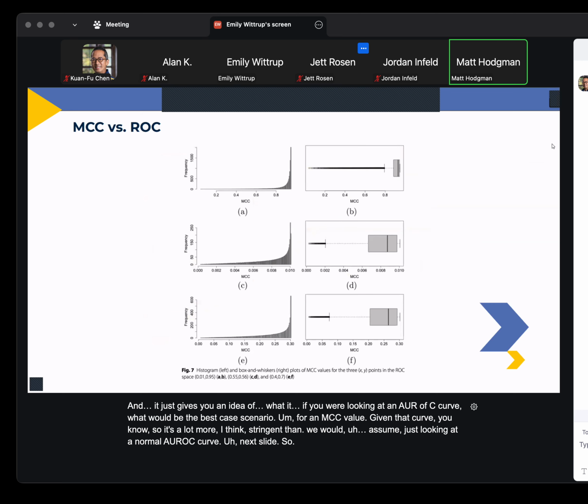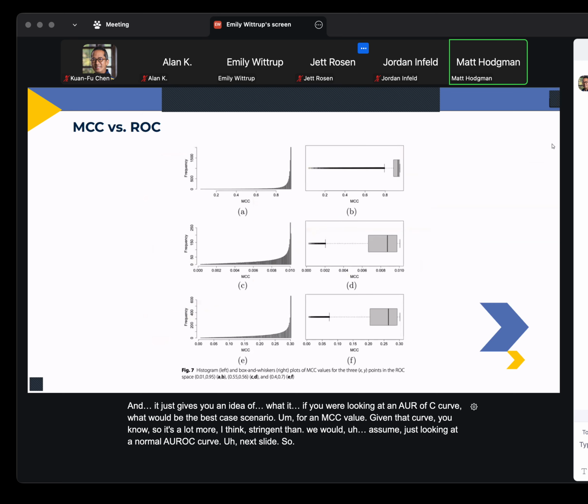These are all the MCC values that can exist given the false positive and true positive rates that were in the previous plot. So they are exploring the distribution of values for MCC that you could get for any given AUC value.